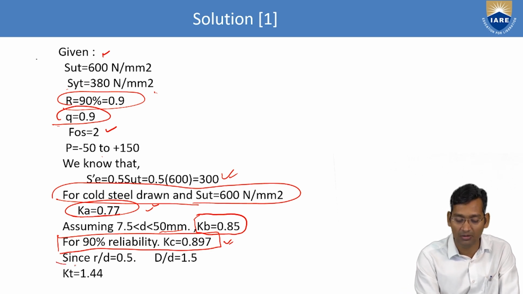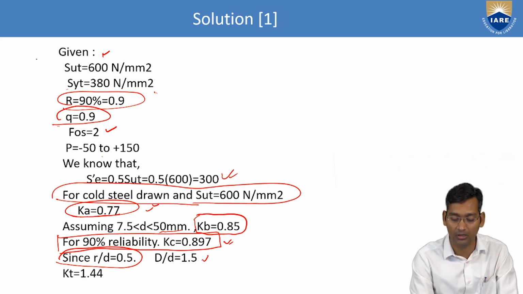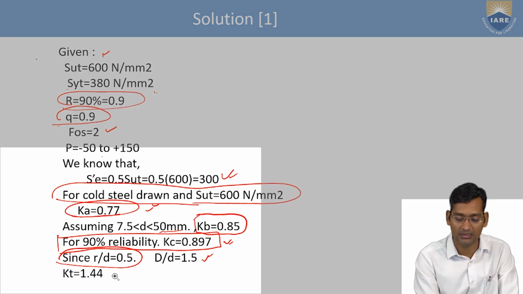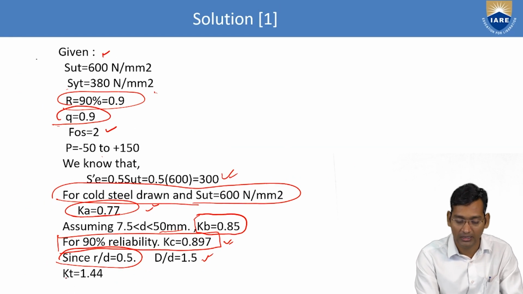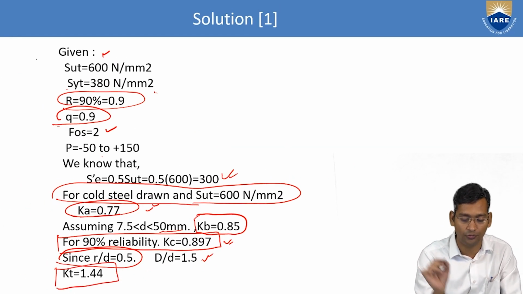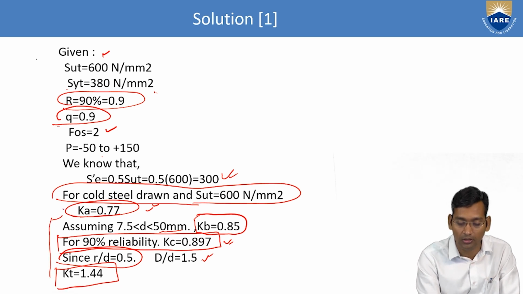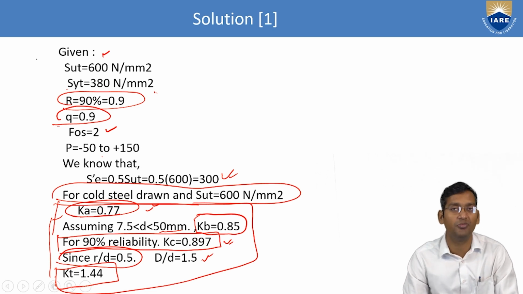Right? Since R by D is 0.5, just half of that, D by d is given as 1.5, Kt is 1.44. So now all this data you will get from the chart.